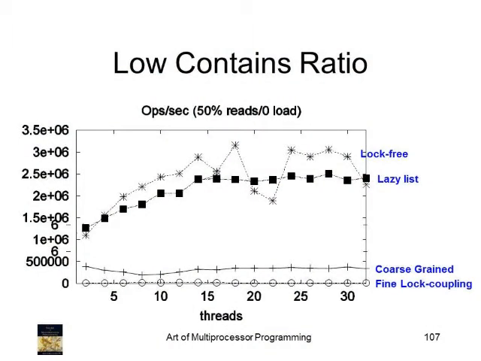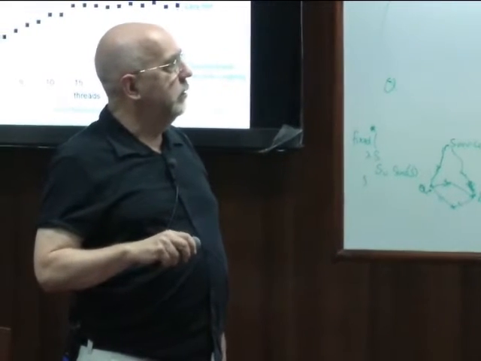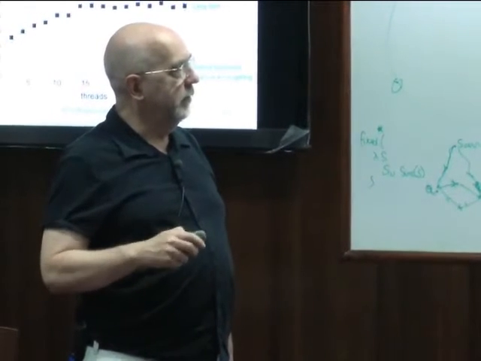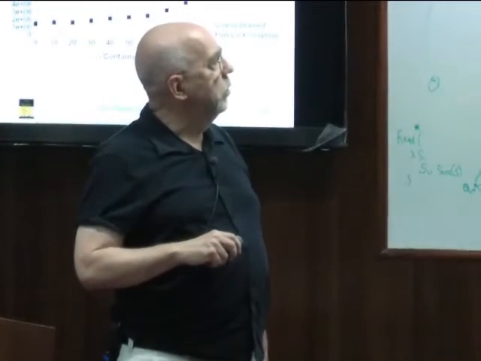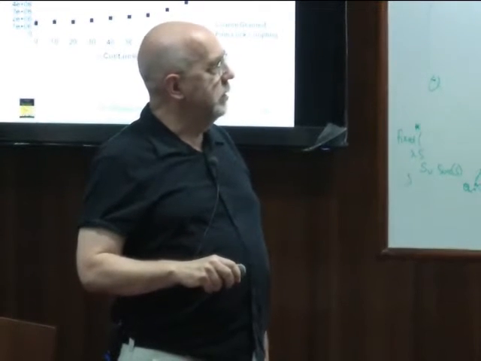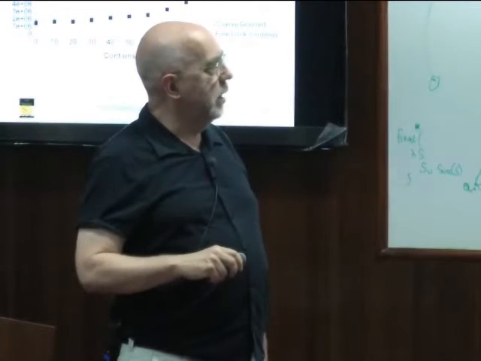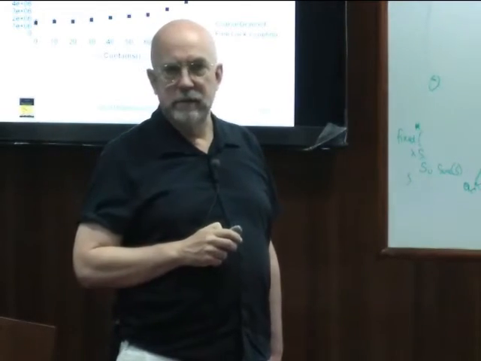If we increase the number of modifications, then we have roughly the same, 50% reads, it's roughly the same picture. Here, we slice it the other way, and as the contains ratio goes up, you can see that the coarse grain and fine grain locks remain roughly constant, and the lock-free and lazy are roughly similar.